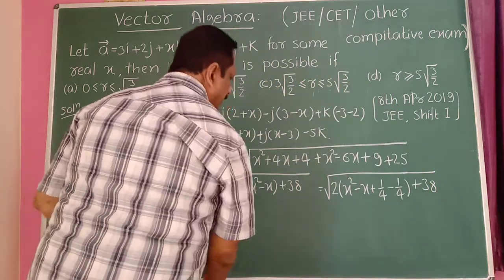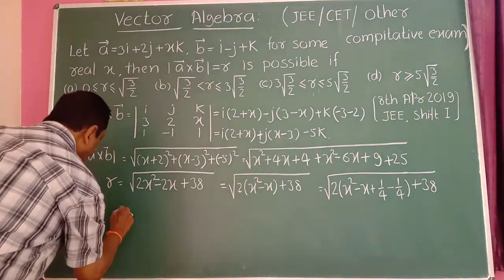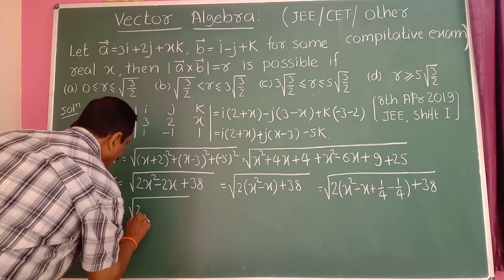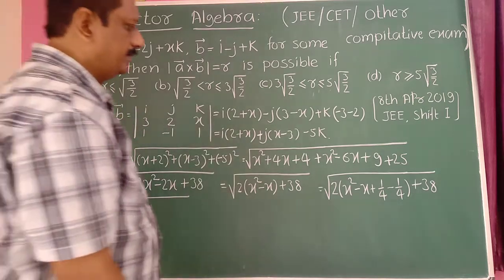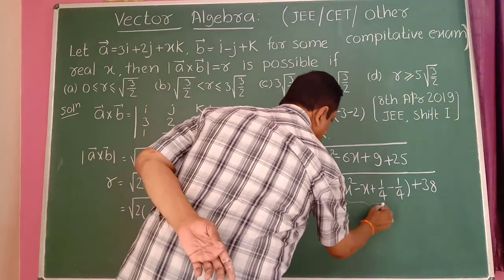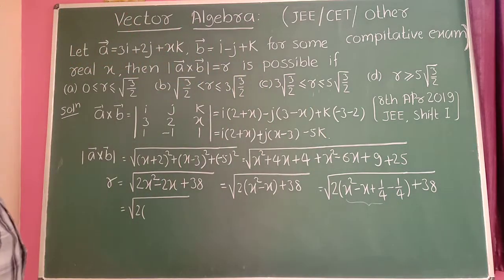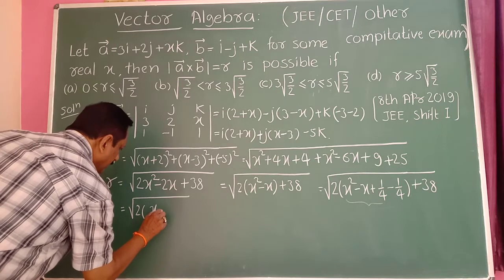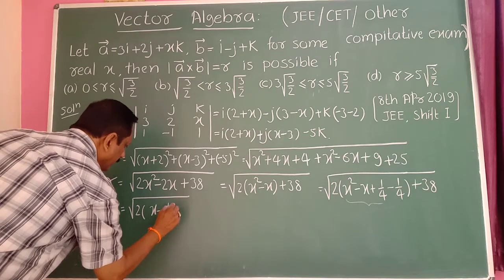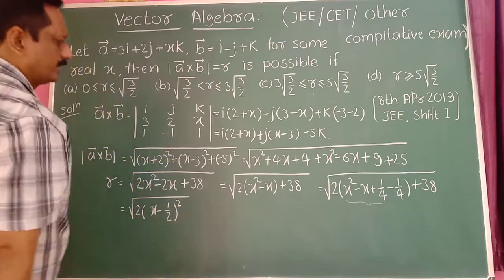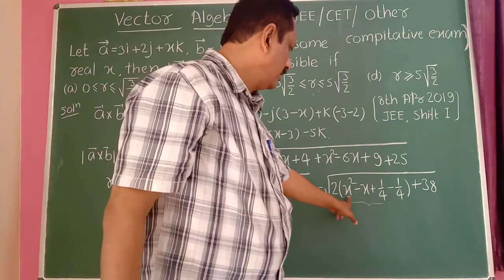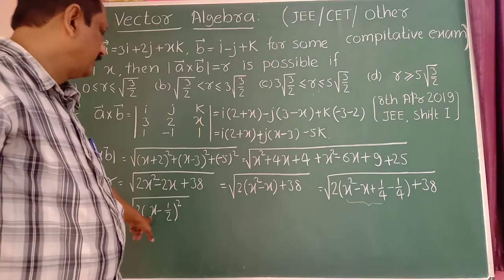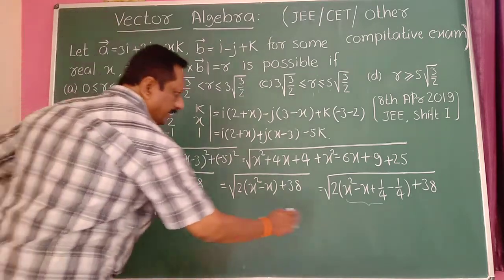Then this is equal to root of 2 into bracket. Here these are three terms here. x square minus x plus 1 by 4 becomes x minus 1 by 2 square here. 2 into x square minus x plus 1 by 4 is x minus 1 by 2 square. Then here minus sign is there.